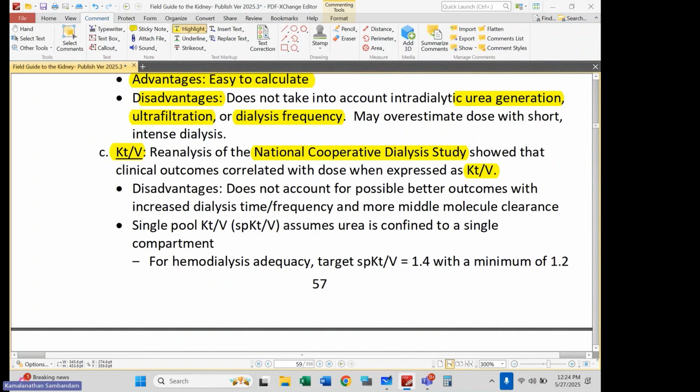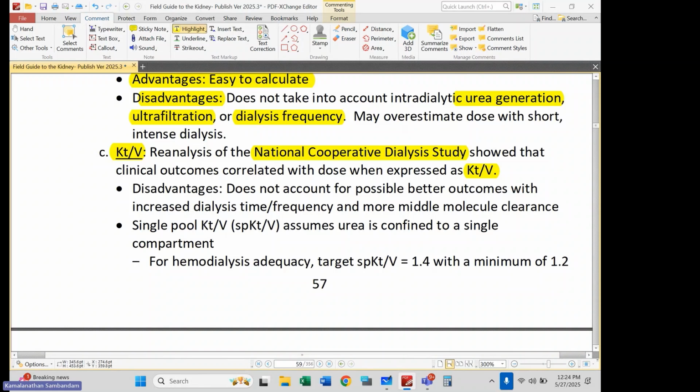And that makes sense because pre and post-dialysis urea concentrations could be affected by the nutritional state of your dialysis patient, right? You could be giving somebody a really low dose of dialysis, but if you eat no protein because you're frankly uremic, then you can have a relatively low urea concentration, even despite a relatively low dose of dialysis, okay?